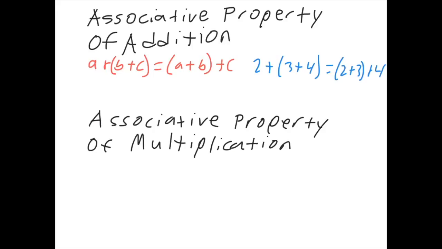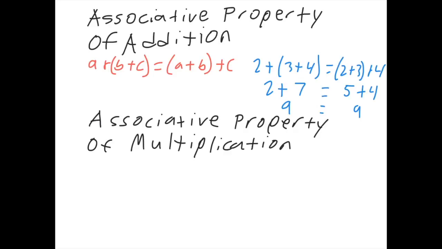So on the left side, we have to do 3 plus 4 first, because it's in parentheses, so 3 plus 4 is 7, and the 2 plus drops down. 2 plus 7 is 9. On the right side, we have 2 plus 3 first, and that gives us 5, plus 4, which is 9. So they are indeed equal.